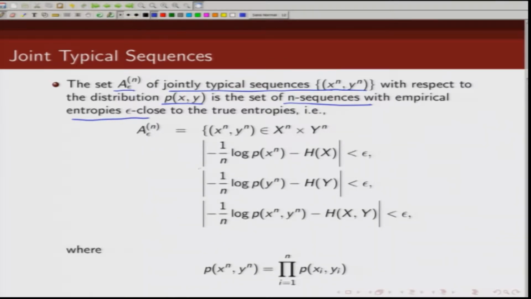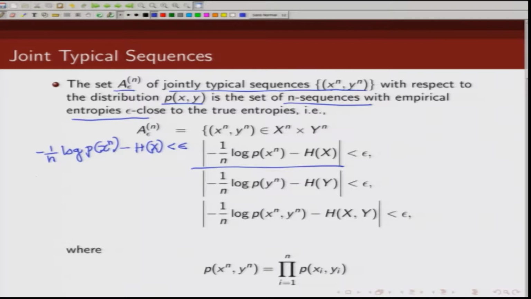So, you can see from this condition, minus 1 by n log of P of x^n minus the true entropy H of x, when this is greater than zero, has to be less than epsilon.